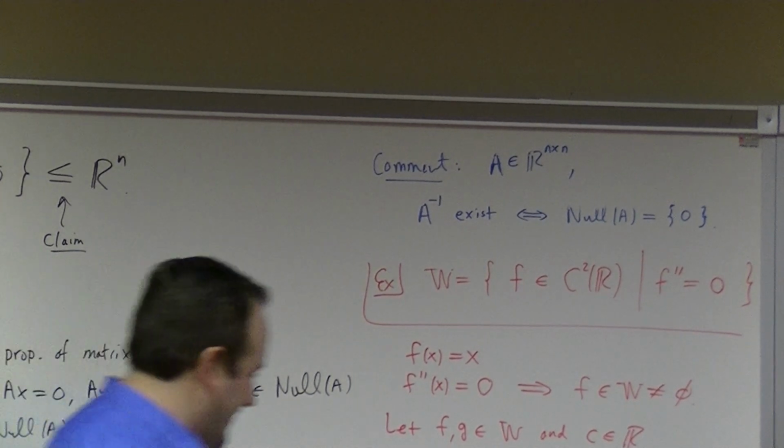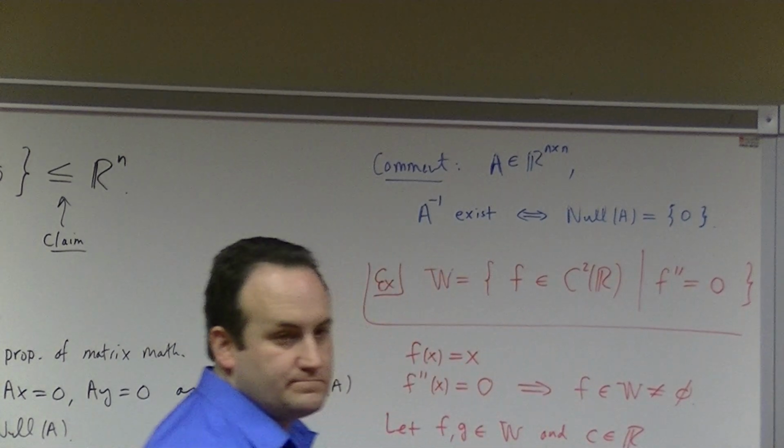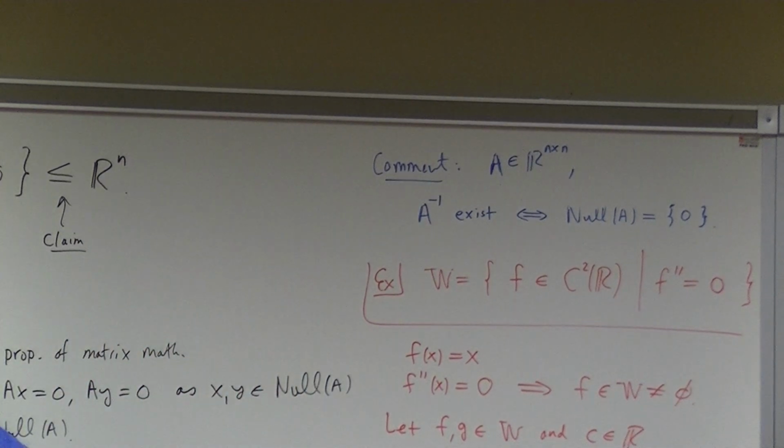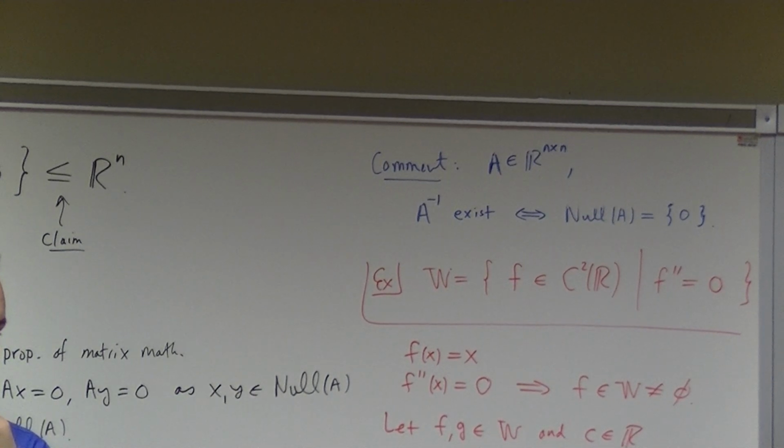This, of course, is a subspace of just the functions on R. C2 means twice differentiable with continuous second derivative. So C n of R would be: you can differentiate n times, and that nth derivative is itself continuous.